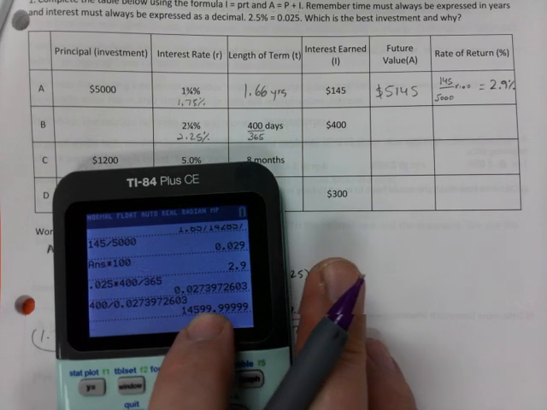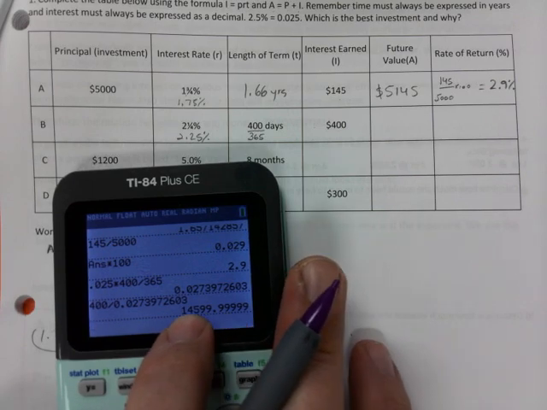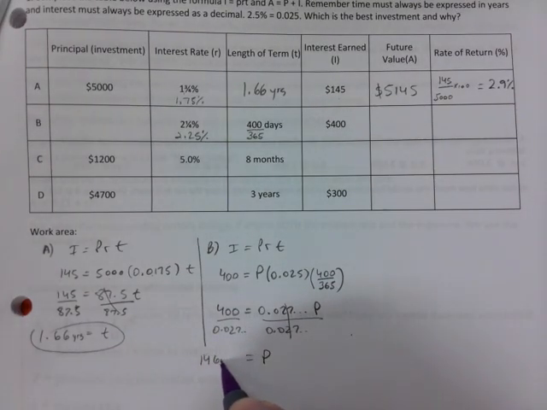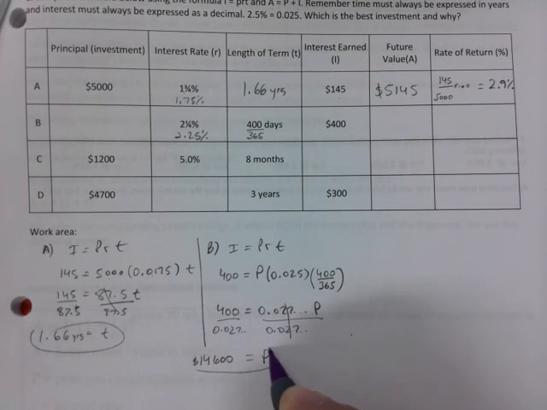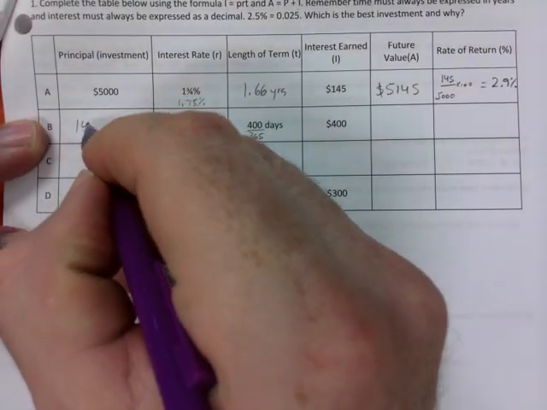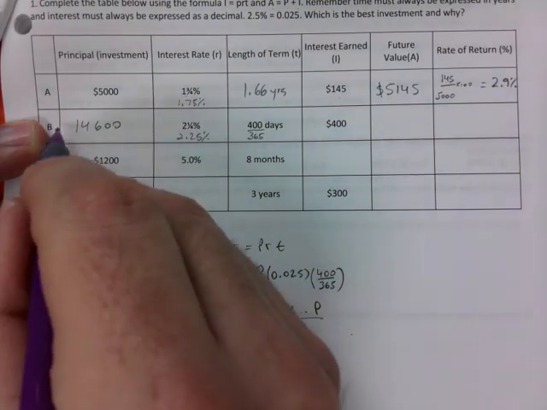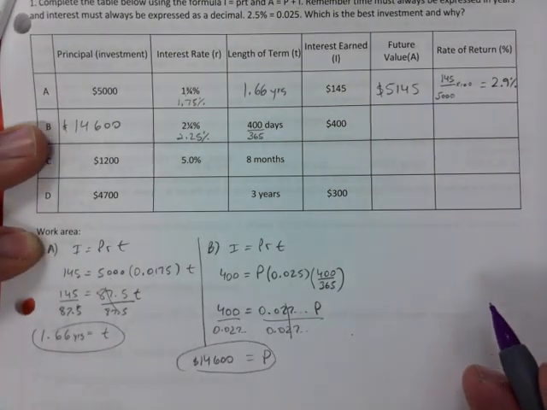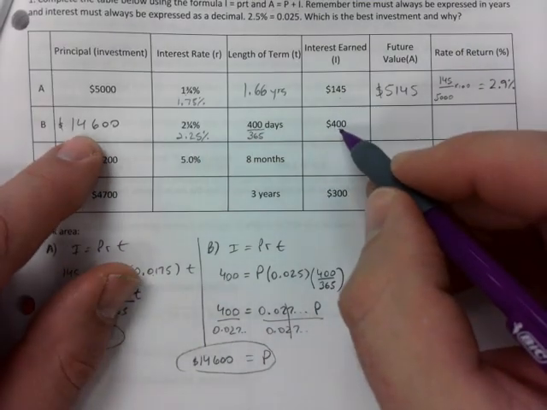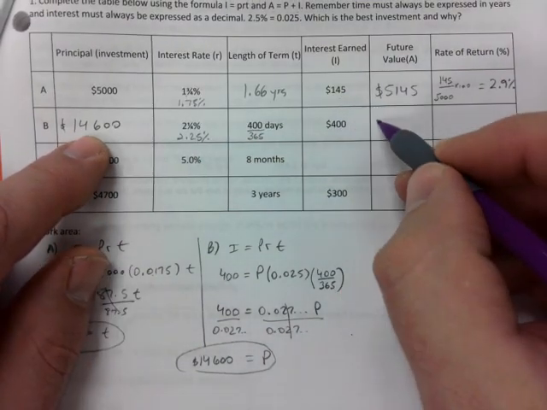So that actually will round to 14,600. 14,600 exactly. And so that is my initial amount, my investment. Be comfortable with the different terminologies. So the future value is just adding this up, right? So that'd be 15,000.